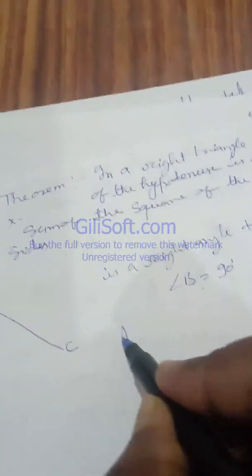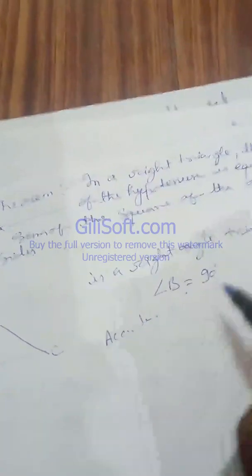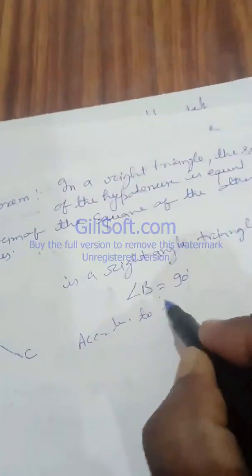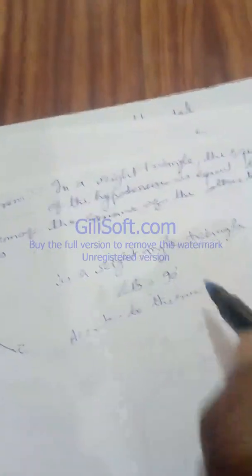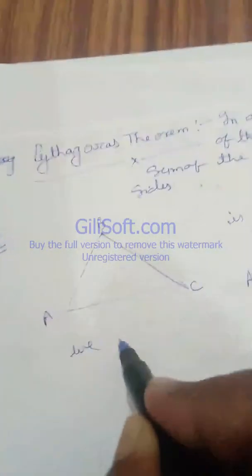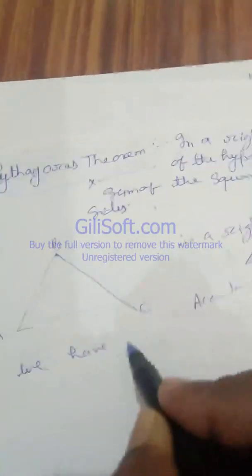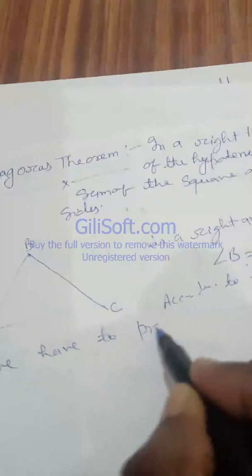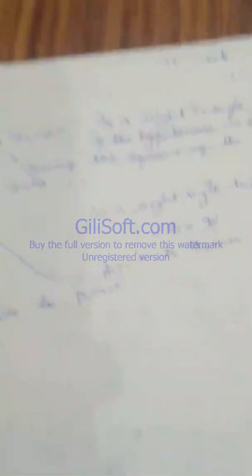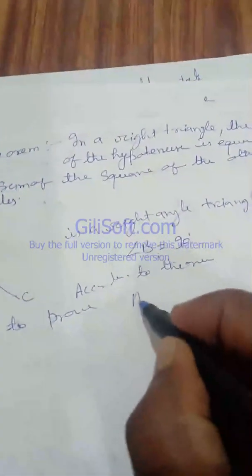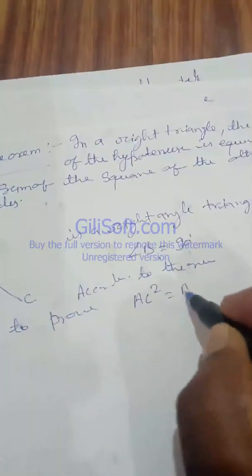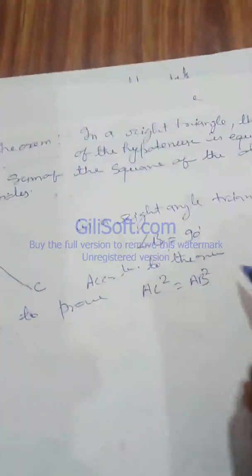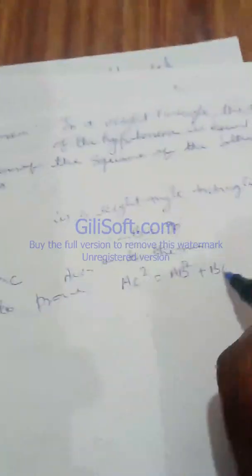Then according to the theorem, we have to prove AC square is equal to AB square plus BC square.